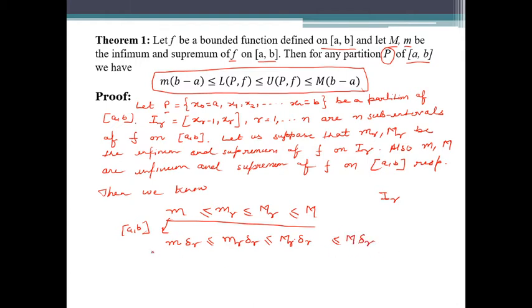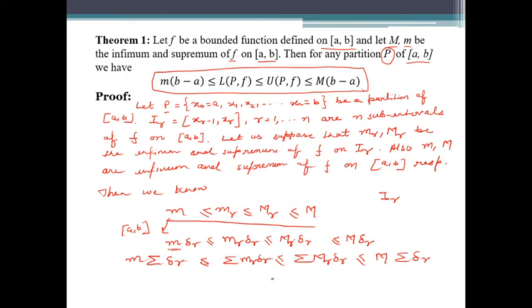Now taking the summation in this inequality, because m is constant and does not depend on the subscript r, we can take m outside of the summation. So this will be m into the summation of delta r, less than or equal to the summation of m_r delta r, less than or equal to the summation of M_r delta r, less than or equal to M into the summation of delta r.